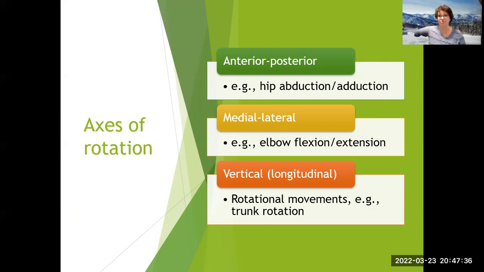So it is the axis for frontal plane motion, like abduction and adduction. A medial lateral axis runs through the sagittal plane. And so it is the axis for sagittal plane motion, flexion and extension. And a vertical or longitudinal axis runs through the horizontal or transverse plane, and that is the axis for rotational movements, like trunk rotation. So hopefully those are starting to make sense to you.